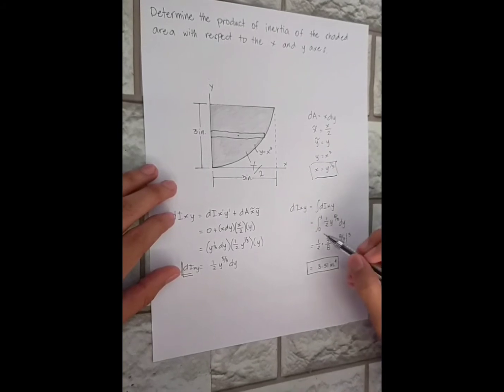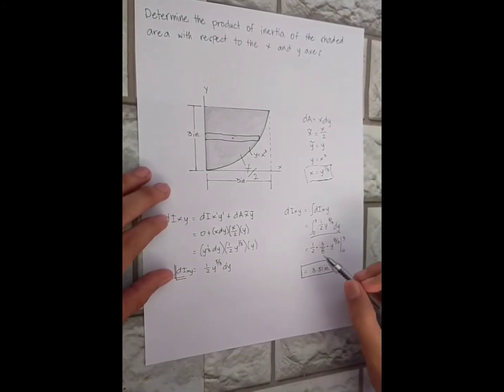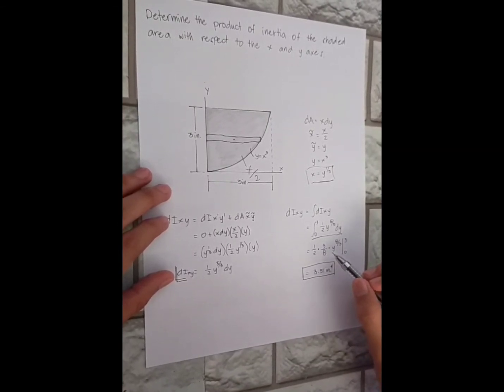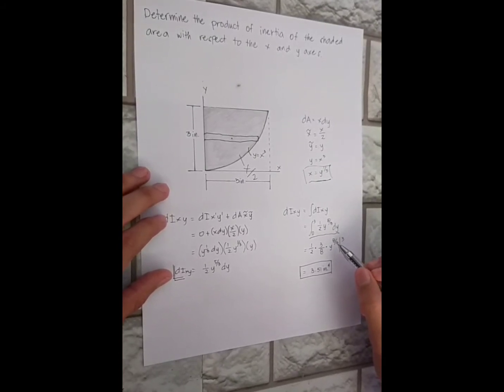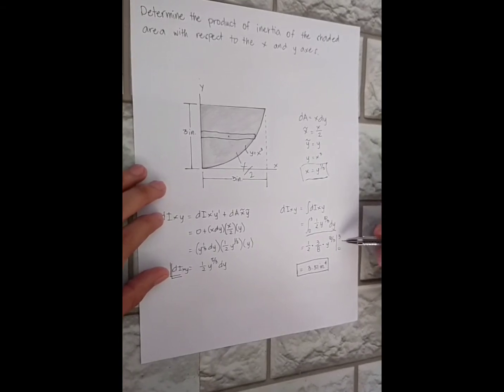By integrating, this will be the process: 1/2 times 3/8 times y to the power of 8/3, with the integration from 0 to 3.